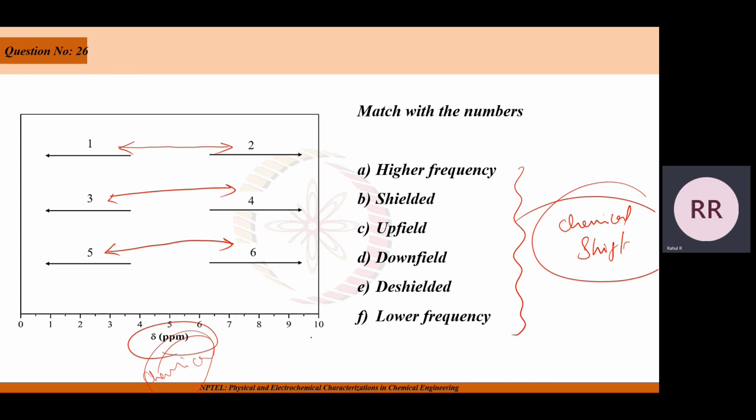So how does the higher frequency affect the chemical shift? How do shielded and unshielded electrons affect the nucleus and the chemical shift? How do upfield and downfield affect the chemical shift, etc.? I can give you a few seconds to think about the answer, then I'll discuss it.